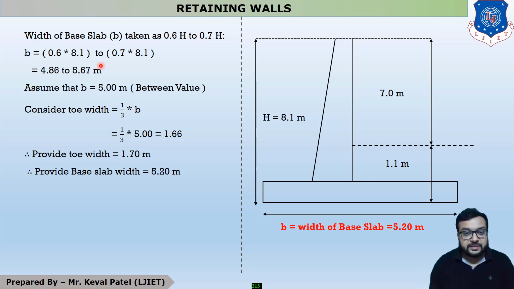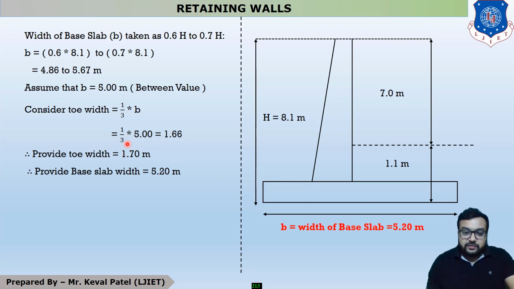So 60 percent means 0.6 to 0.7 h. Now what is the value of h? The value of h is 8.1. So we have to provide our base width in the range of 4.86 to 5.67 meter. Now, between these values, we assume that we provide B as 5 meter.